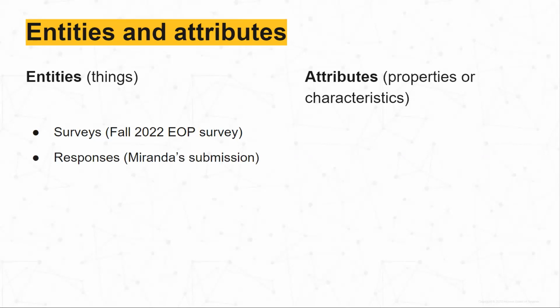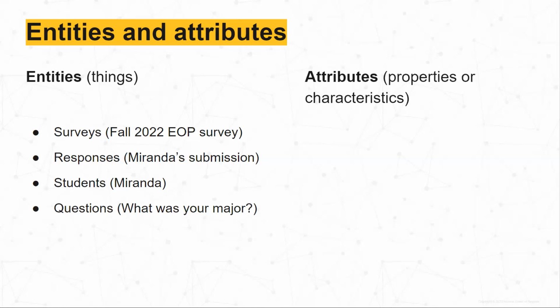Responses, like Miranda's submission to the survey. The students, like Miranda. The questions, such as what was your major, and the answers, like secondary education. Those are the things in our data set. And as you're planning, those entities typically become the tables in your database.